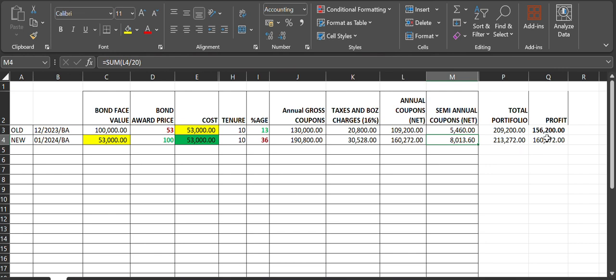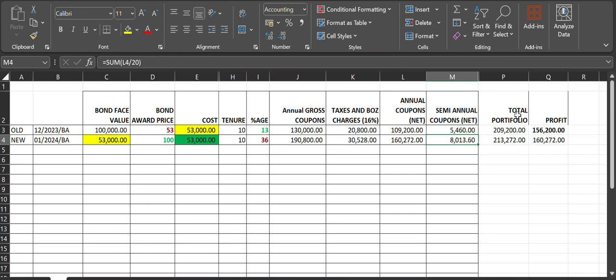This is what will guarantee the profit at the very least for the same period of time and for the same cost to be identical. So the coupon rate definitely has to rise. That's number one.